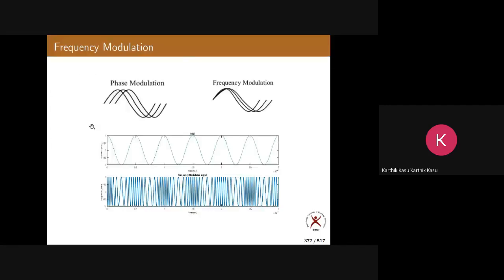Now tell me, what is the power of this signal? What is the power of S of t? The power will be amplitude whole square by 2. How much is that?